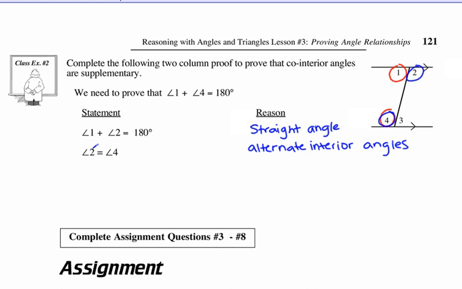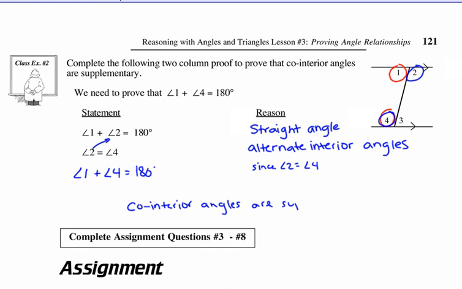We can change that to angle 1 plus angle 4 equals 180 degrees. And why did we do that? Since angle 2 equals angle 4. It's almost like a transitive property. And so what do we prove? Yes, we proved it. So therefore, co-interior angles are supplementary.